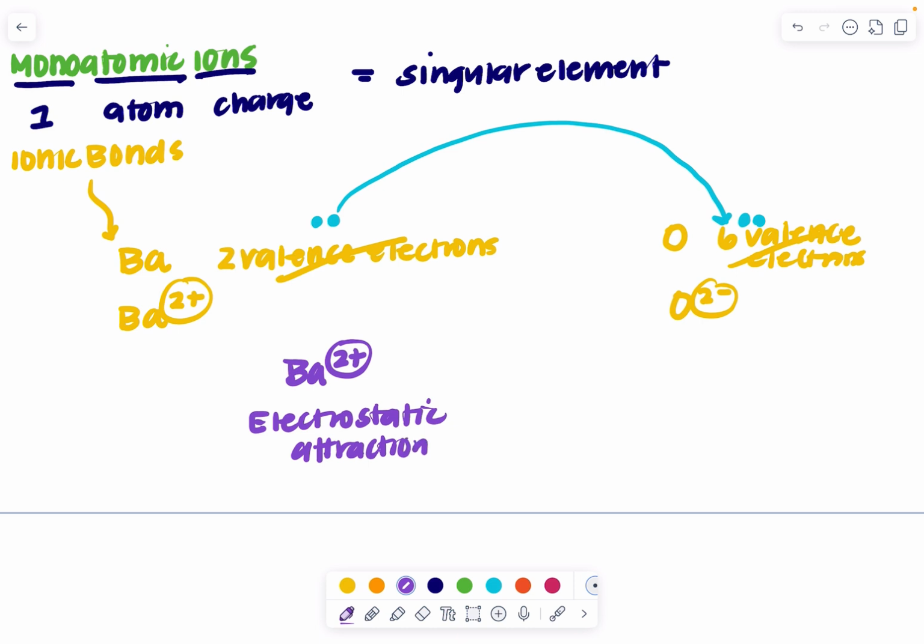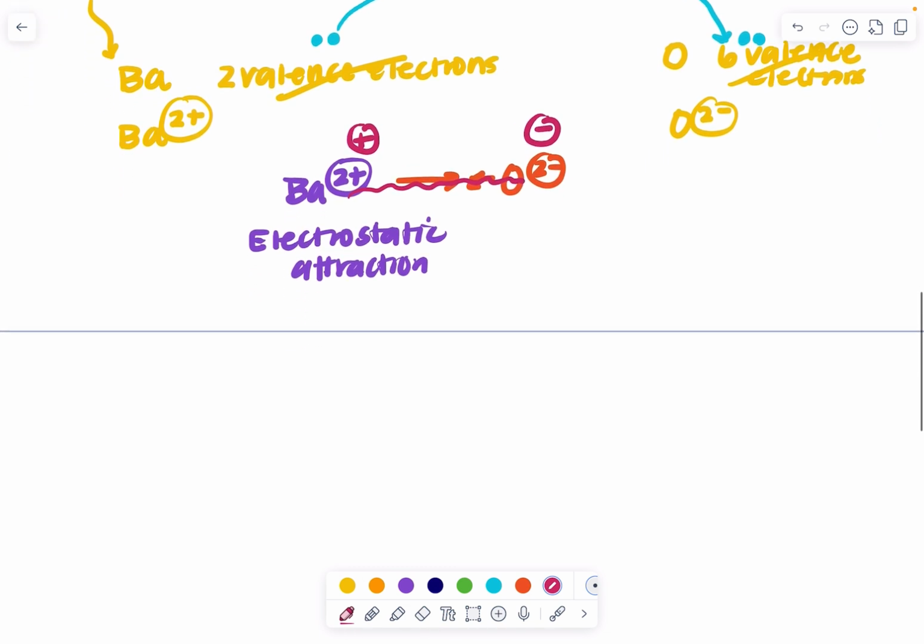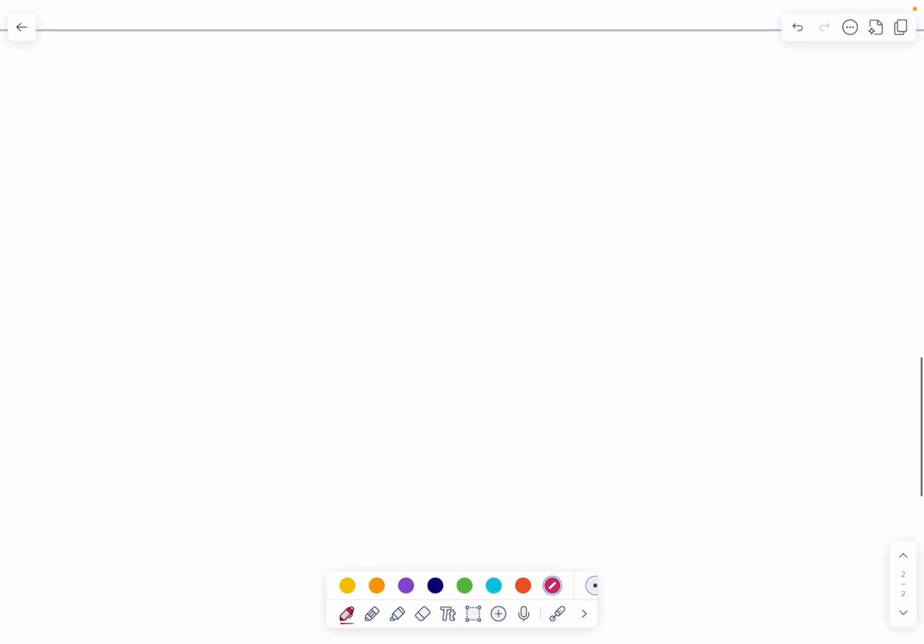When we have a positive charge, that's going to want to get really close to the negative charge. So it's not like they're connected by some kind of string. They're connected by literally forces of the positive charge to the negative charge, which is the reasoning behind why these elements want to come together and form bonds.